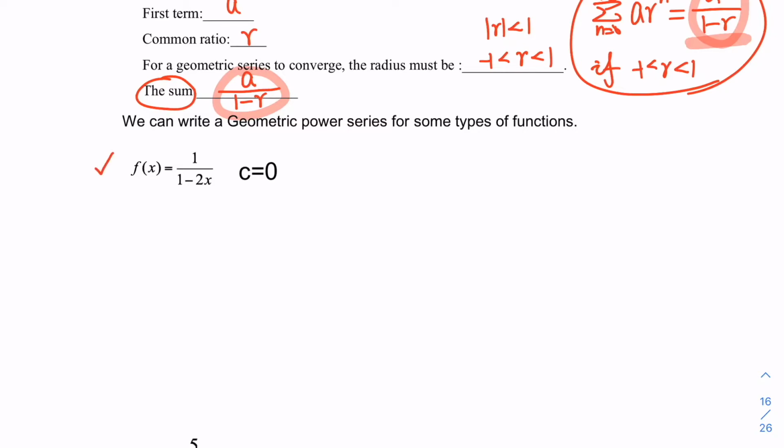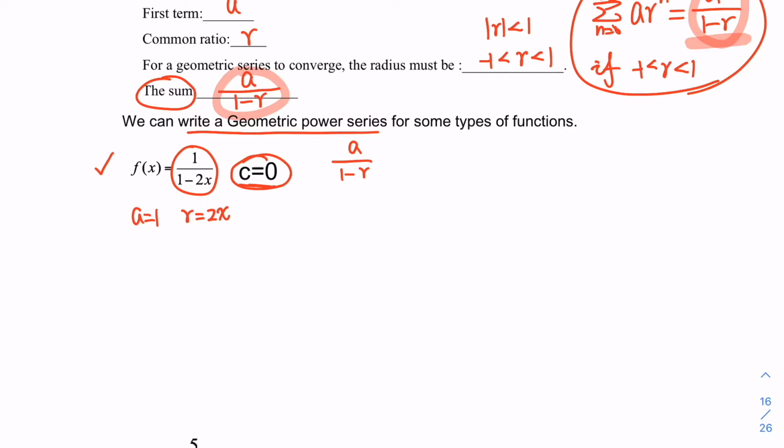Given f of x equals 1 over 1 minus 2x, center equals 0, how do we write a geometric series centered at 0? If you look at this form, we compare it with a over 1 minus r. That means a will be 1 and r equals 2x. And you see this 2x is x minus c, so c is 0.